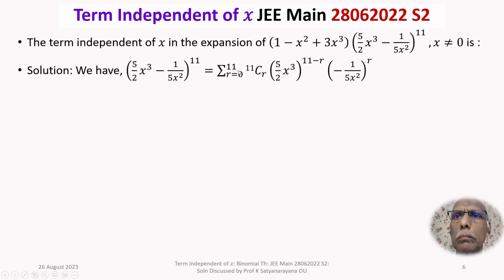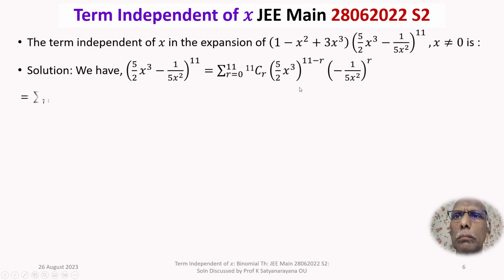This is equal to the sum from r = 0 to 11 of 11Cr times (5/(2x³)) to the power of 11 - r, multiplied by (-1/(5x²)) to the power of r. This is the binomial expansion.